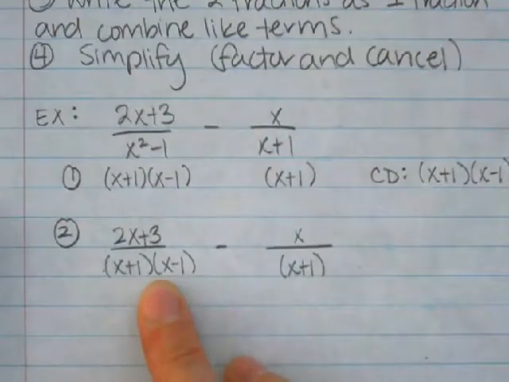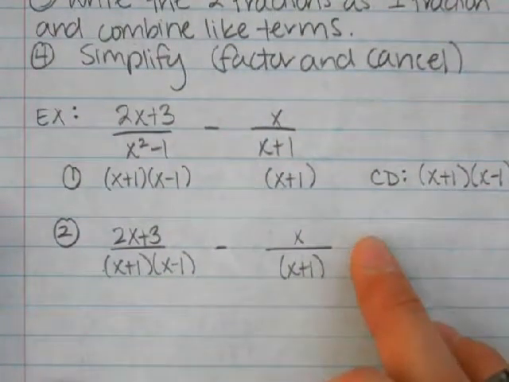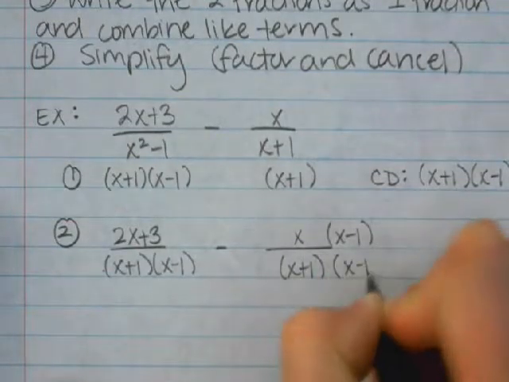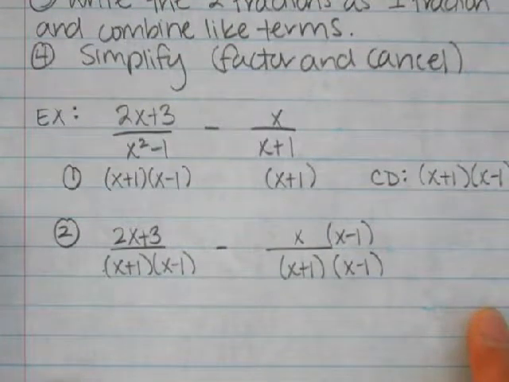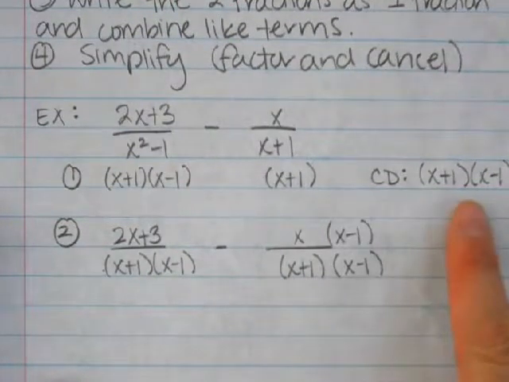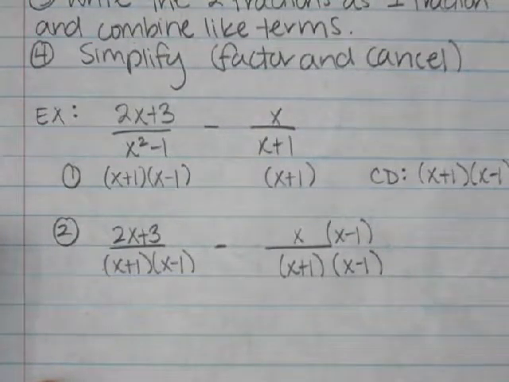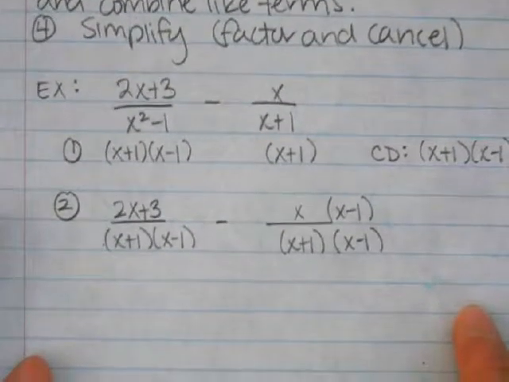So the first fraction stays the same. What do I need to do on the second fraction? x - 1 on the top. Yeah, it was just x - 1. And then we always make sure to multiply out the tops.